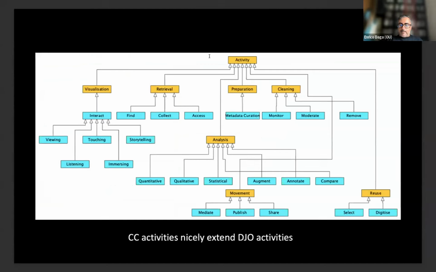Nevertheless, we can fit these activities as extensions of DJO, which is quite promising, and partly answers the question whether this concept of data journeys applies to citizen curation applications. In my opinion, it actually applies, but clearly with some caveats.